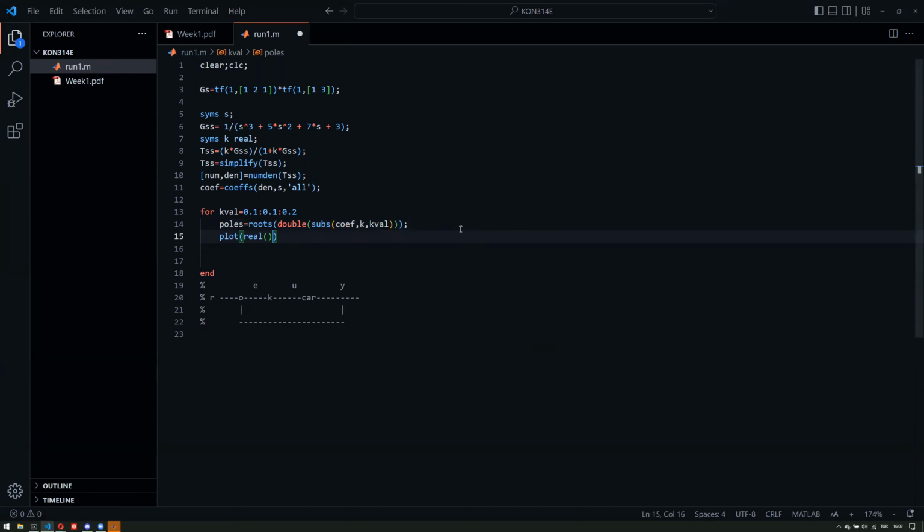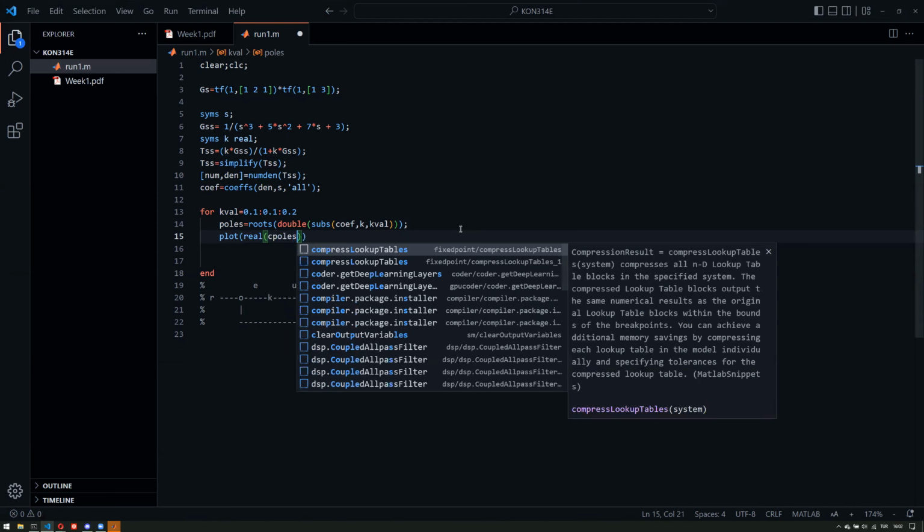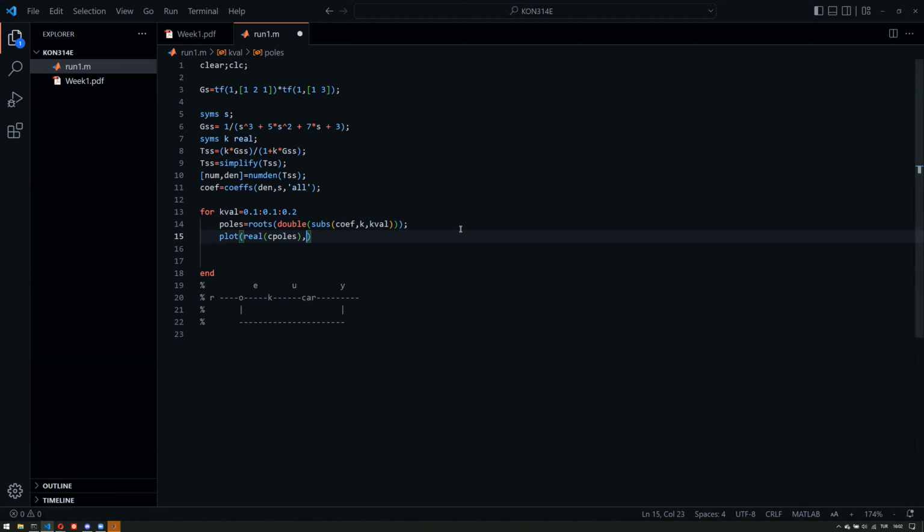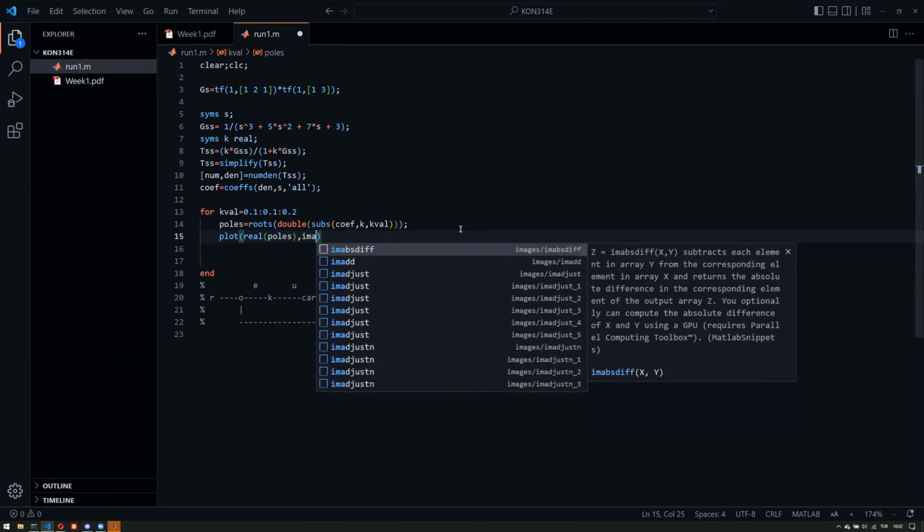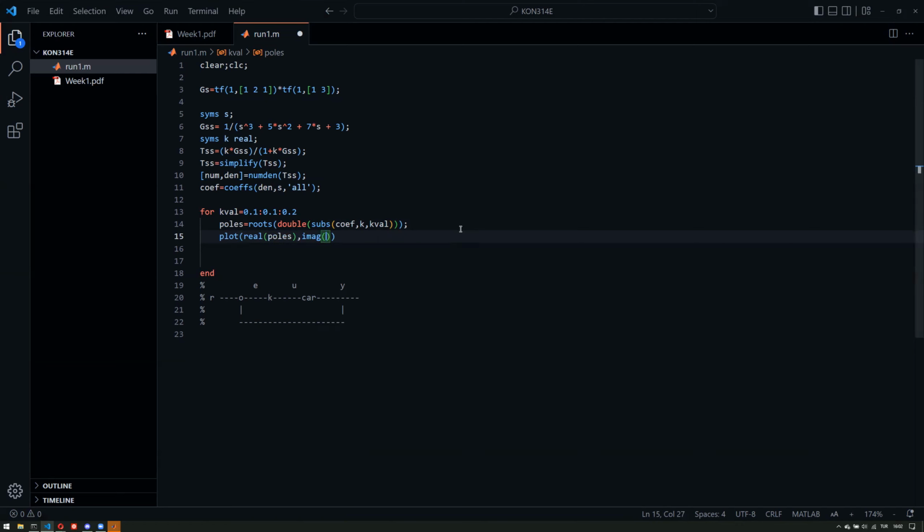So I will give the plot function first the x-axis and then the y-axis, therefore the real values of these poles and the imaginary values of these poles. So I can go ahead and do real of poles, it will take the real parts of the poles, and the imaginary part of poles, and I can go ahead and plot it.